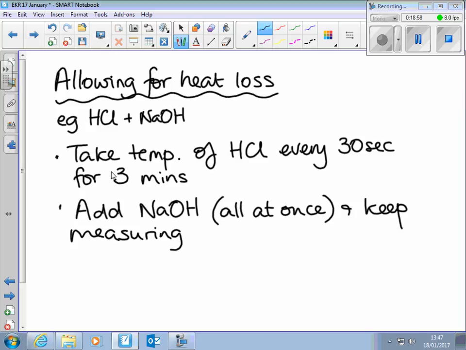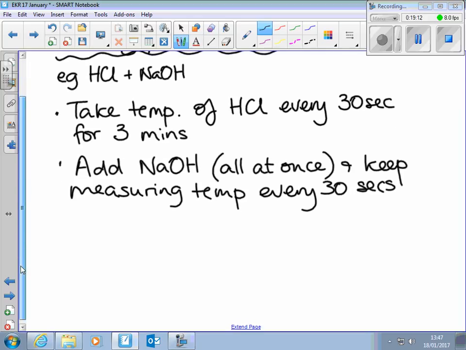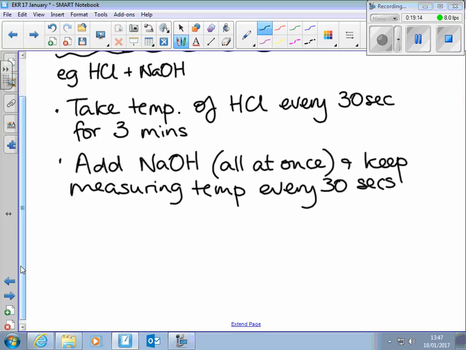Again, it could be every minute, it could be every 30 seconds. I have put this as an example, so it's not the only way to do it. So it could be every minute for, let's say, 6 minutes.